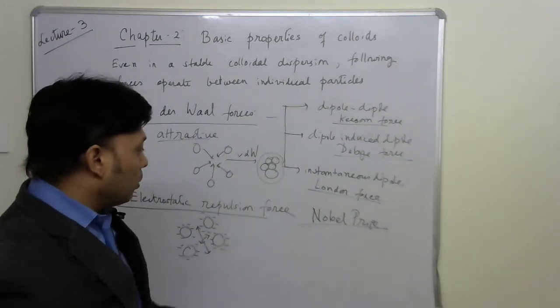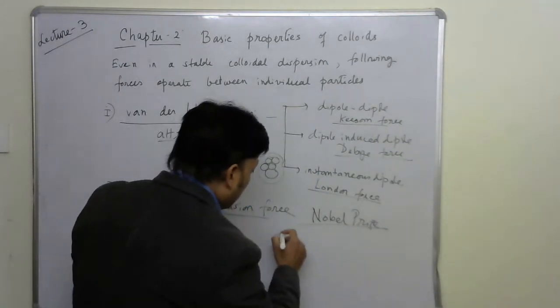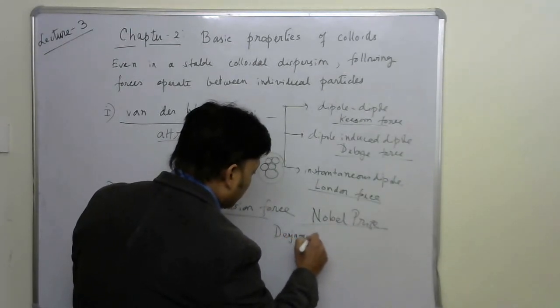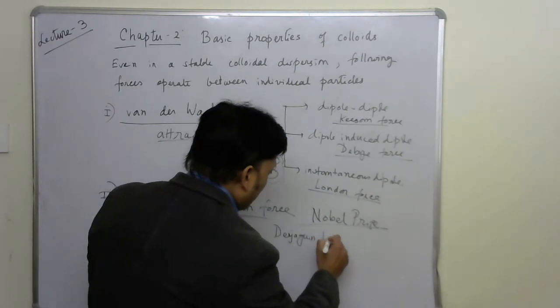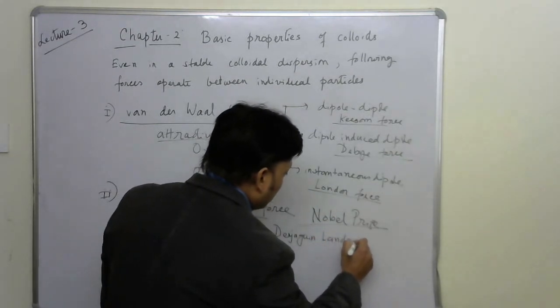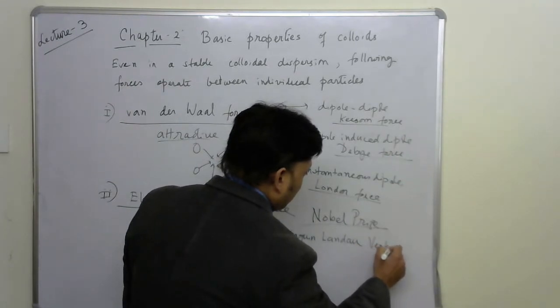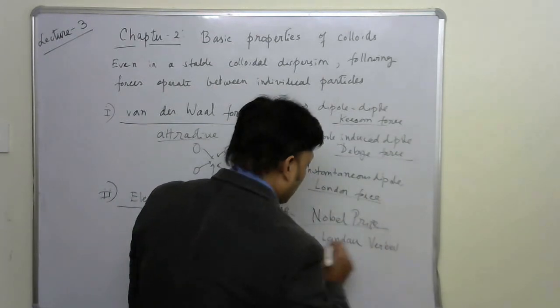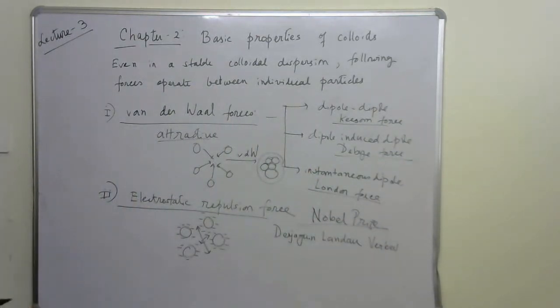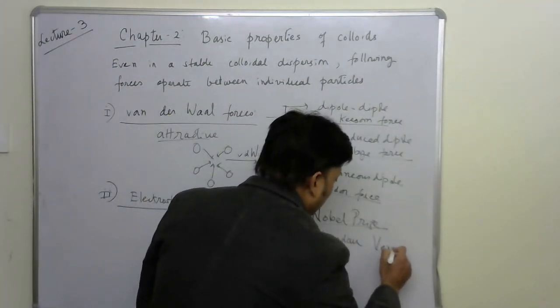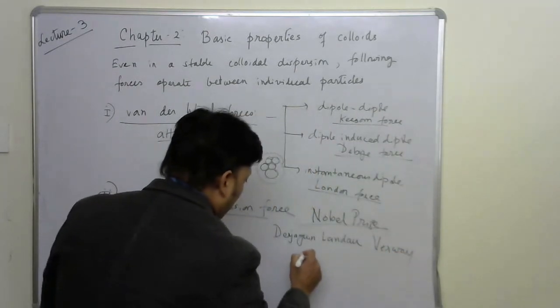So a group of people, their names, I can write them: Derjaguin, Landau, Verwey, and Overbeek.